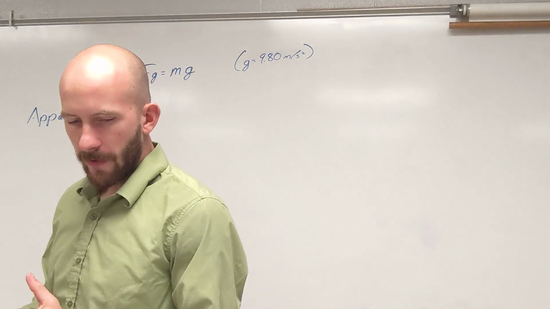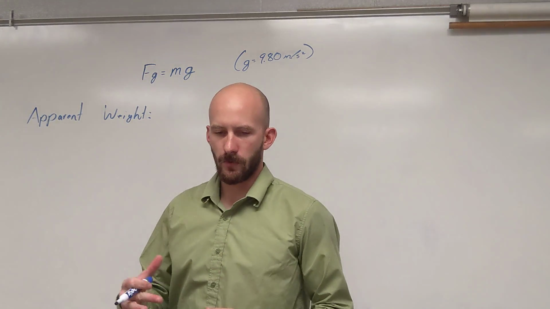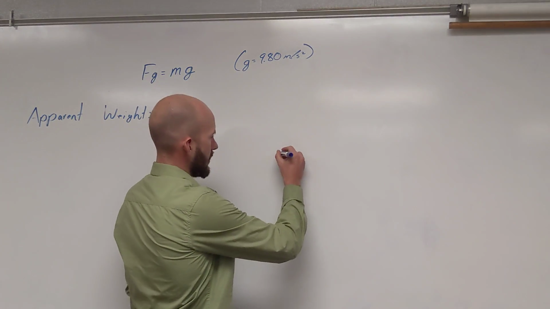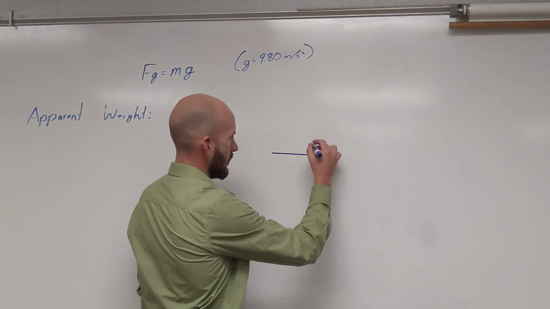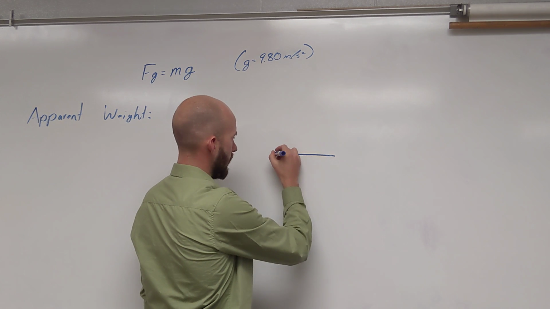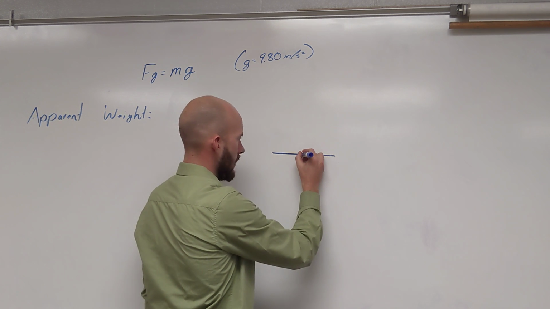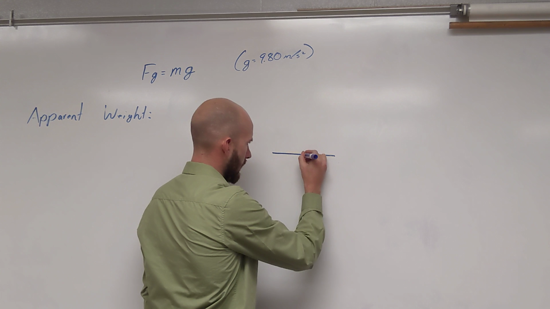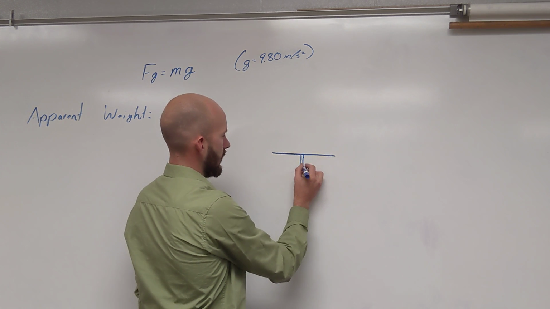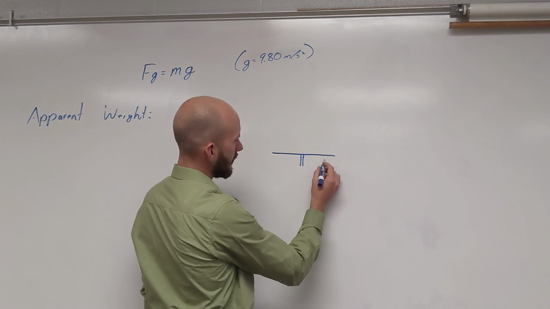First off, I want to talk about how scales actually work, so we can understand some things here. On a scale, you've got a surface that you stand on, and it may have some telescoping pieces to keep it somewhat level, but somewhere there's going to be a piece that comes down that is attached to a spring.